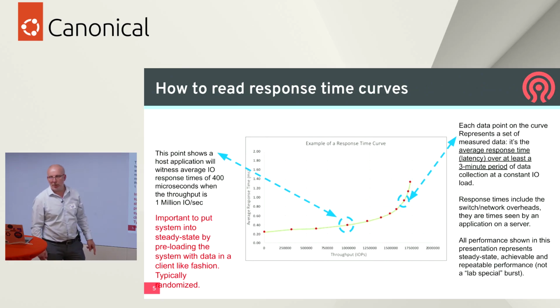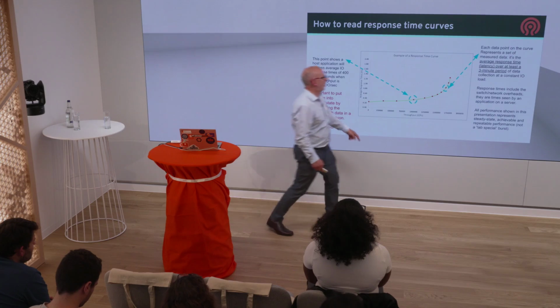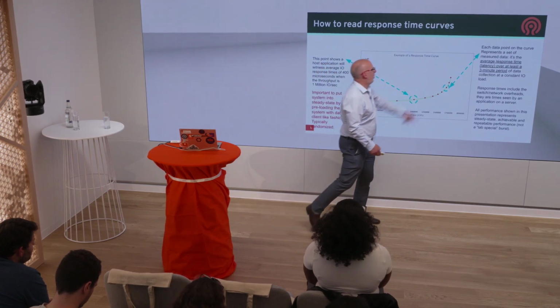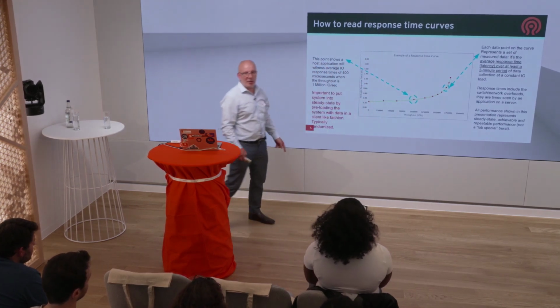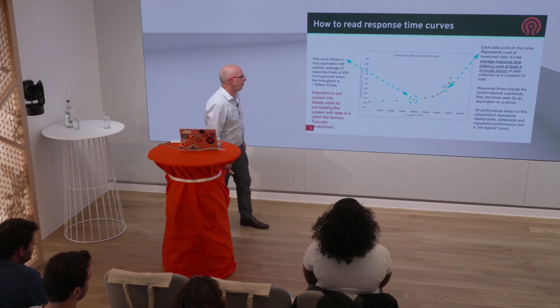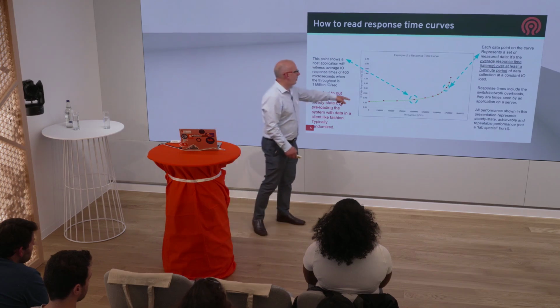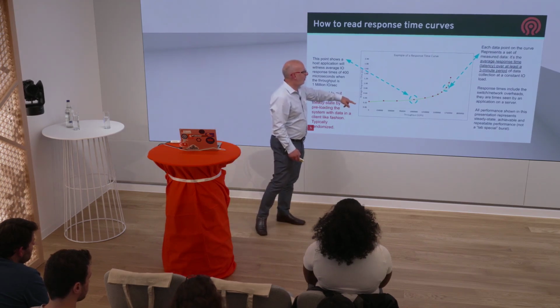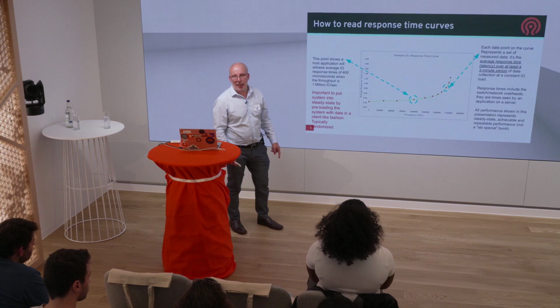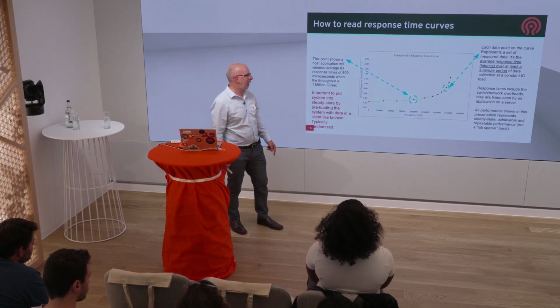Some people also call this a hockey stick curve, and in extreme cases, the curve might bend backwards for various reasons, which I won't explain. So essentially, this response curve is drawing the overall performance, what the application is actually seeing.